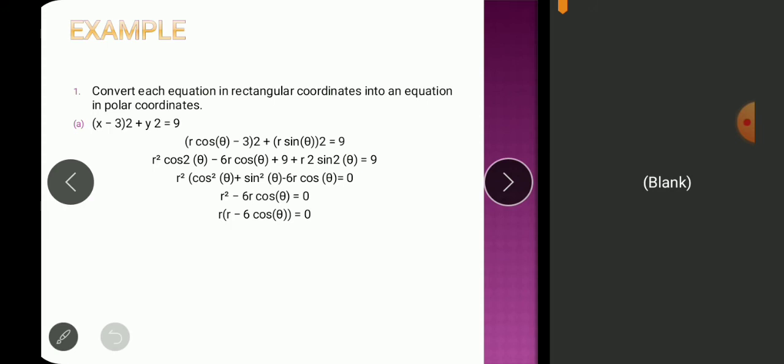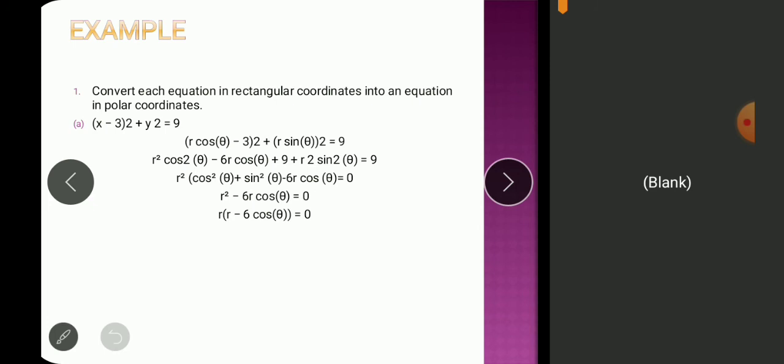So we have r squared times cosine squared theta plus sine squared theta minus 6r cosine theta is equal to 0. Since cosine squared theta plus sine squared theta is equal to 1, then we have r squared minus 6r cosine theta is equal to 0.